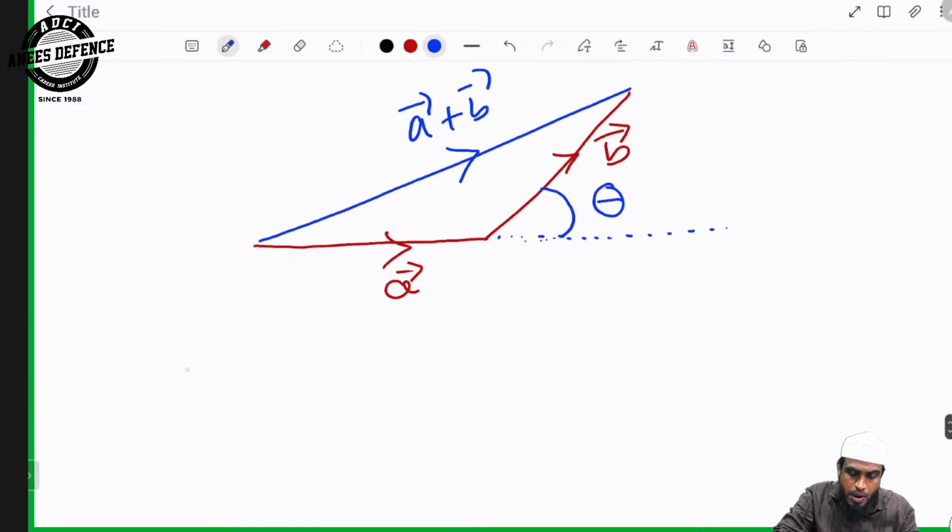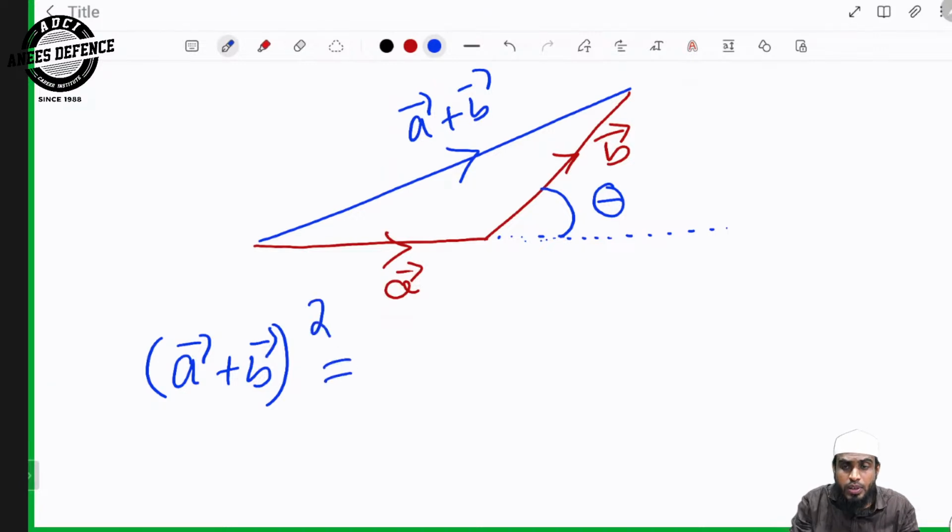So what is A plus B the whole square? In vectors, normal multiplication is not there. Instead of that, we are using two types of multiplication. One is dot product, another one is cross product.